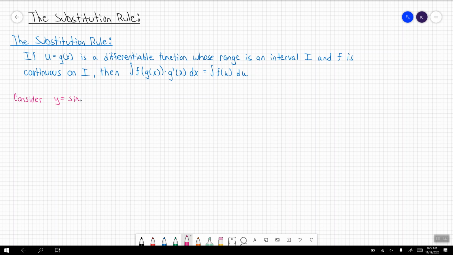Now, to illustrate this, let's consider y is equal to sine of x squared.